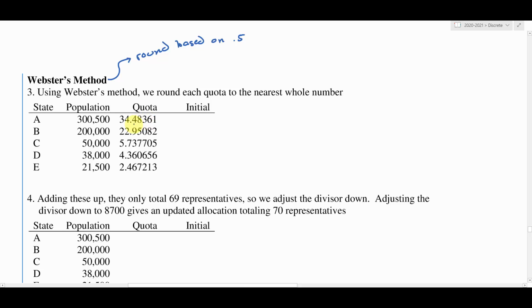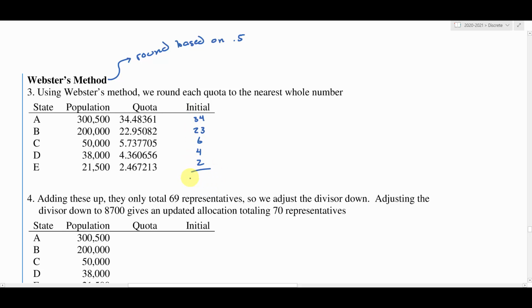Initially, this number is below 0.5, so it stays at 34. This one being 0.95 is higher than 0.5, so it goes up to 23. This one is higher than 0.5, so it goes up to 6. This one is lower, so it stays at 4. And this one is lower, so it stays at 2.